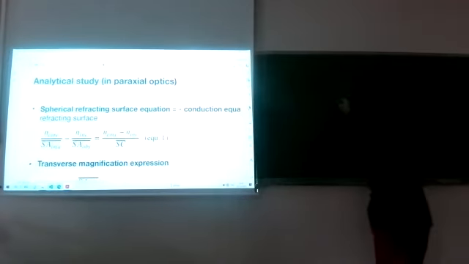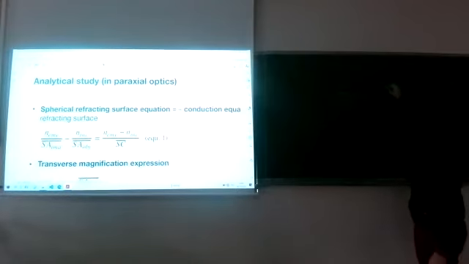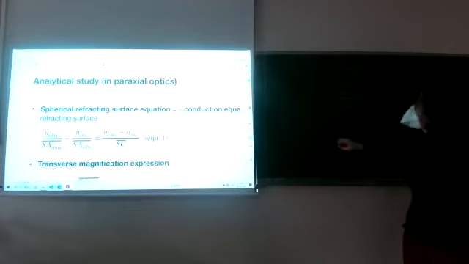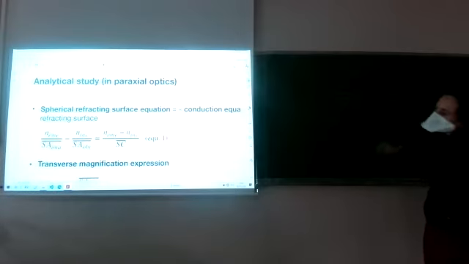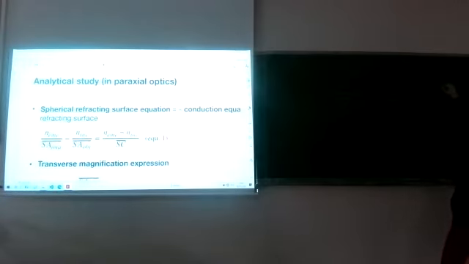Let's try to use this for a mirror, okay? Is a mirror like a diopter? It's kind of the same, except that we are in the same medium. And here I have, instead of N minus N, I'm going to put it that way. And then you have a plus because it's reflecting instead of refracting, because light is reversed.